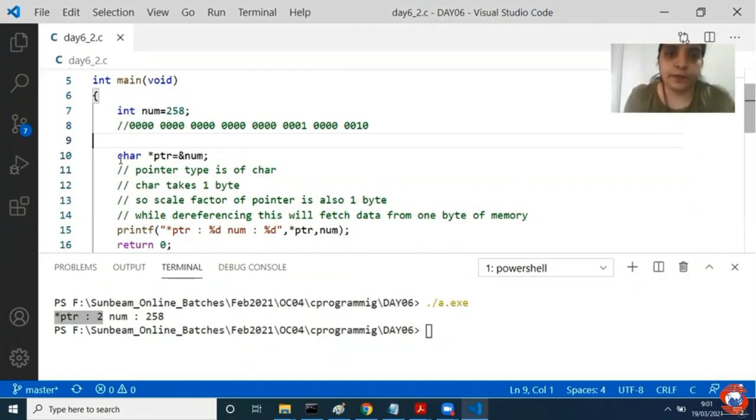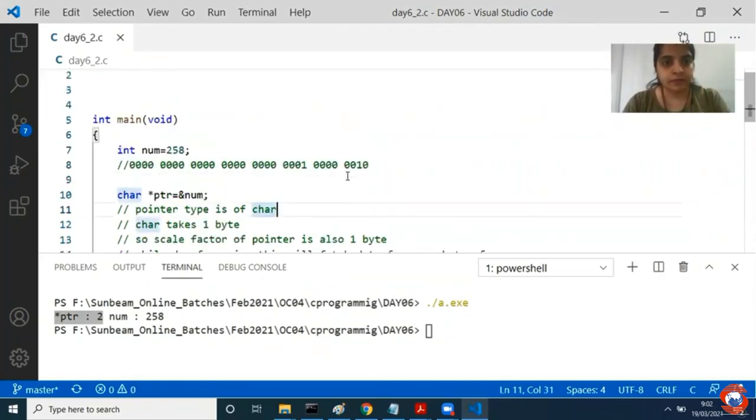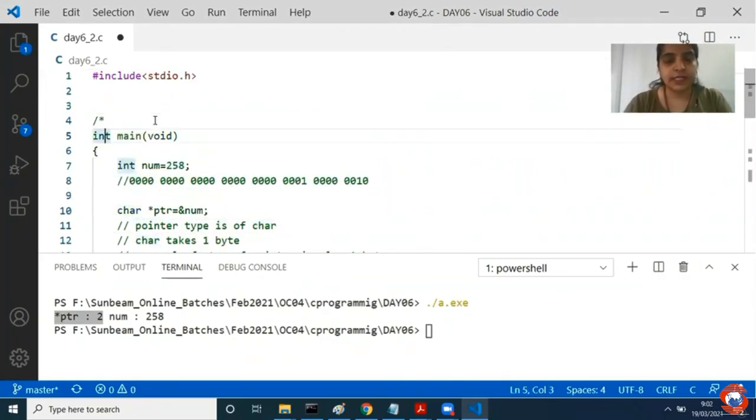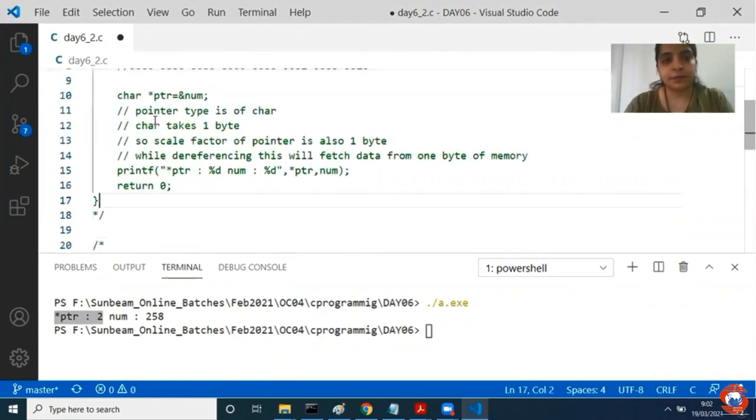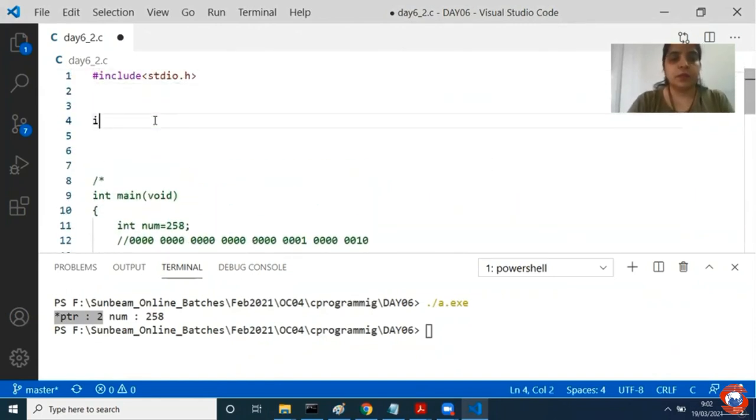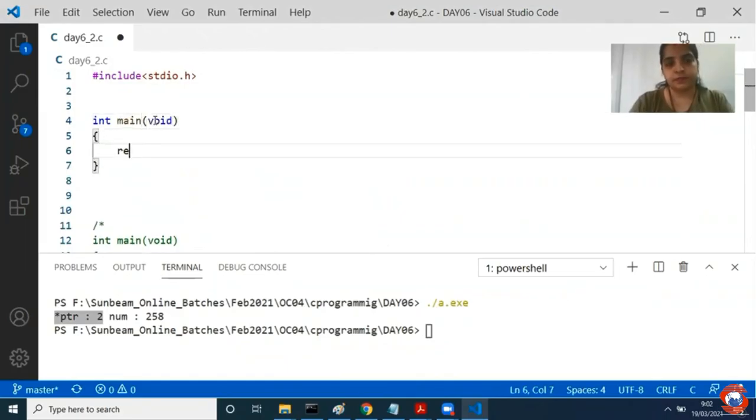All right, now let us take the next example of void pointer. Suppose I'm declaring main in which I have declared one void pointer ptr.